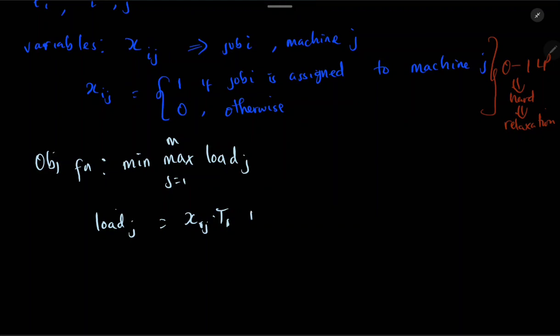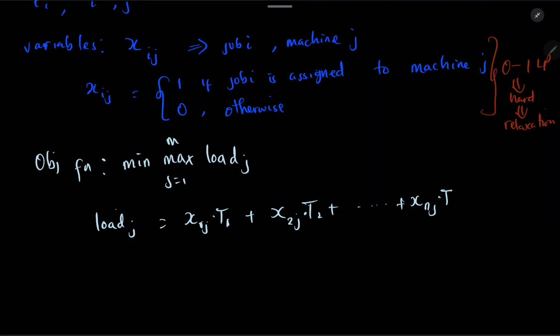Job 1 on machine j, plus job 2 on the same machine j times the time it takes, and that continues till we get to job N on machine j times the time it takes. So this is the definition of the load on machine j. I explained that simply a few minutes ago. The sum of the time it takes for all of the jobs on a particular machine is the definition of the load.